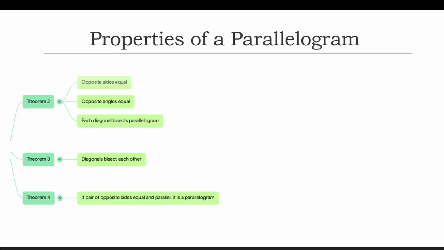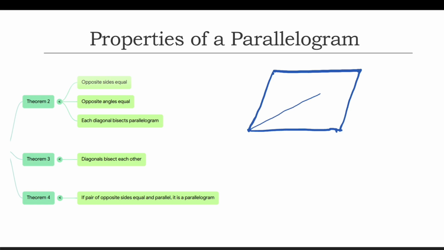Now, what is the third property of a parallelogram? The third property is that the diagonals of the parallelogram bisect each other. So this is a parallelogram, and these are the diagonals, right?